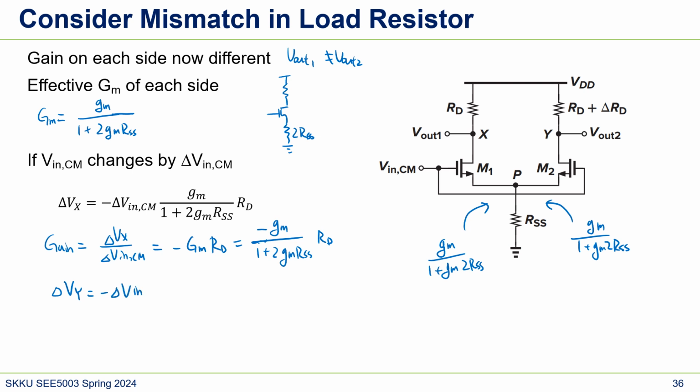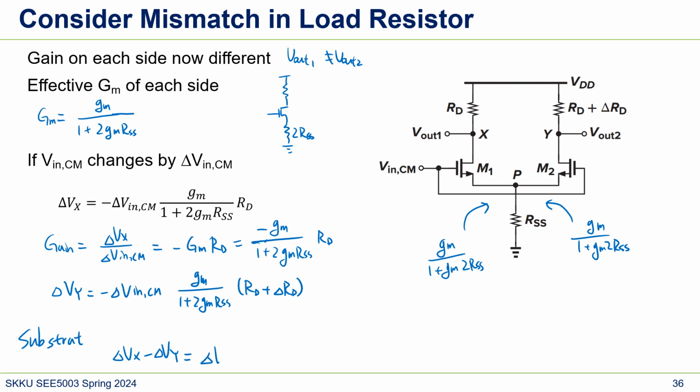This would be V in CM, GM over 1 plus 2 GM RSS. But here we see the difference, RD plus delta RD. If we subtract them, then the difference would be delta VX minus delta VY, right?